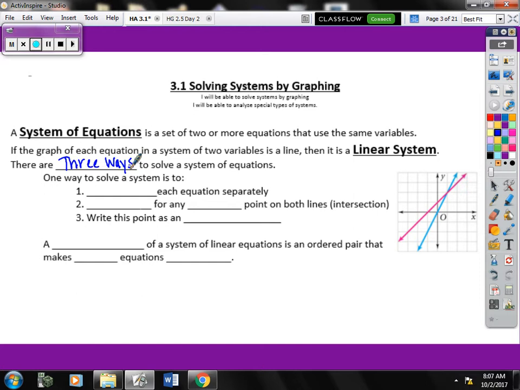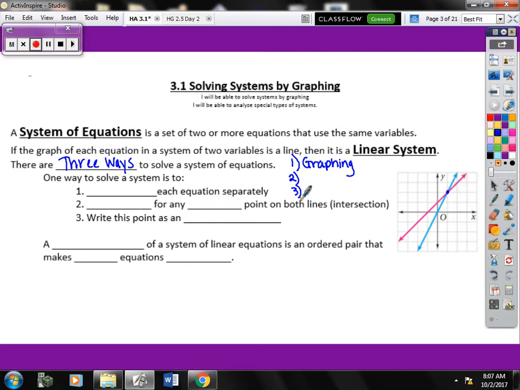But there are actually three ways to solve a system of equations. The first one is what we're going to do today, which is graphing, where you'll graph each equation and you'll look where they intersect. We write the final answer as an ordered pair, and that's the solution to the system.